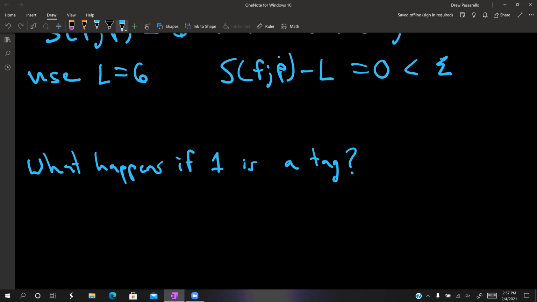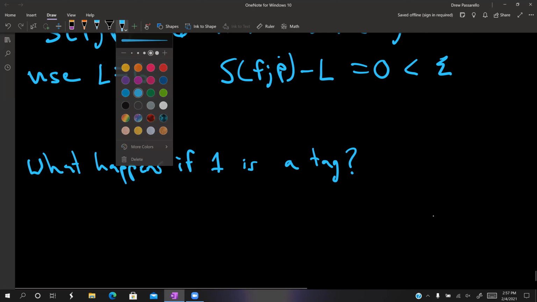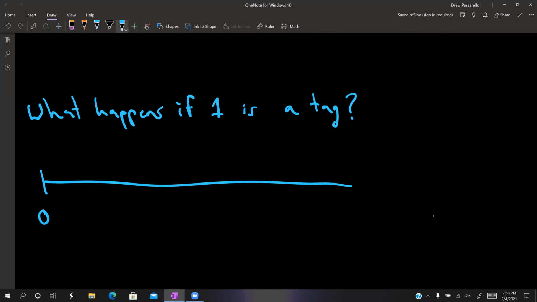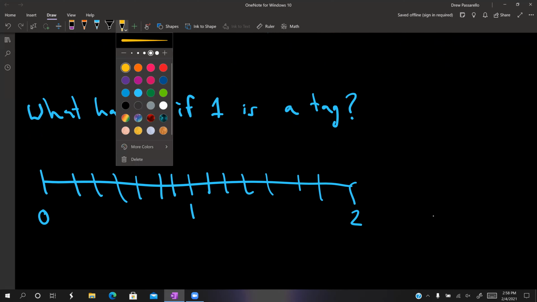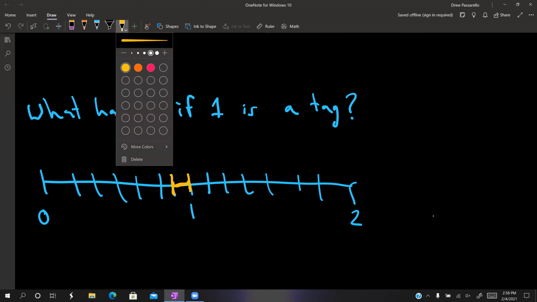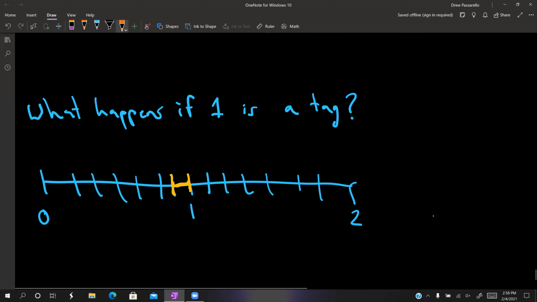Just keep it in mind: if we have our partition, it is possible that we have 2 intervals, namely, let's say this interval, and we use 1 as a tag for that interval.